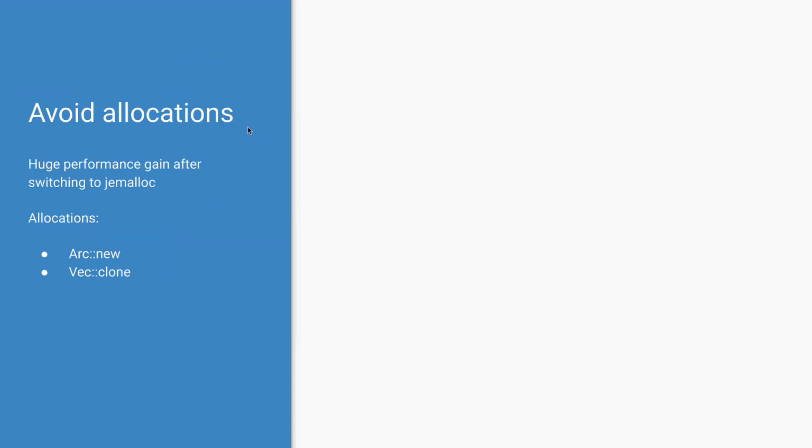And the next part is to avoid allocations. We had a huge performance gain after switching to the jemalloc allocator. And we noticed there are a lot of small allocations, such as Arc::new and Vec::clone, generally scattered throughout the code base.